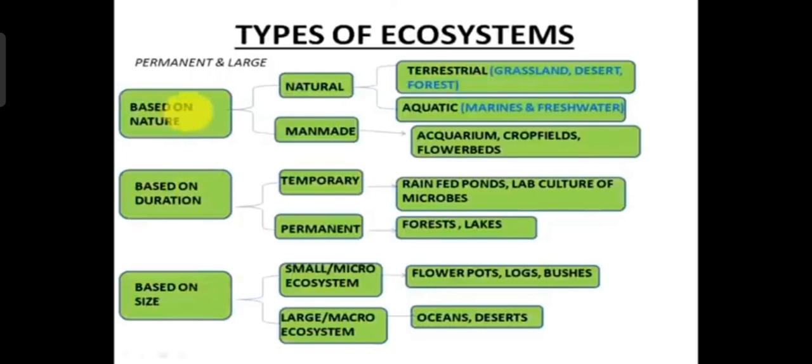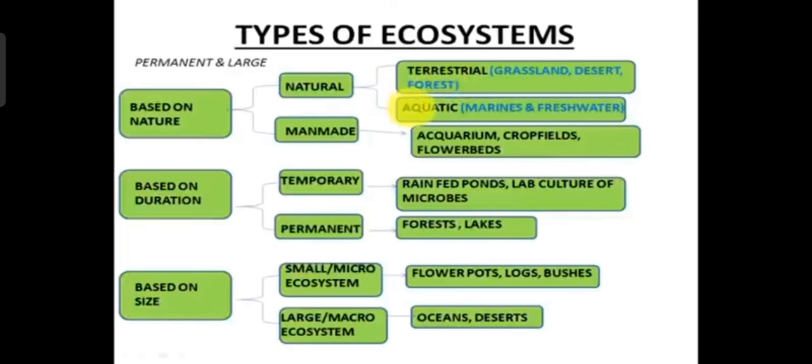Based on nature, they can be classified into two categories, that is natural and man-made. A natural ecosystem is an ecosystem which is naturally available in the environment, like the terrestrial ecosystem, which includes the grassland, the desert and the forest ecosystem.